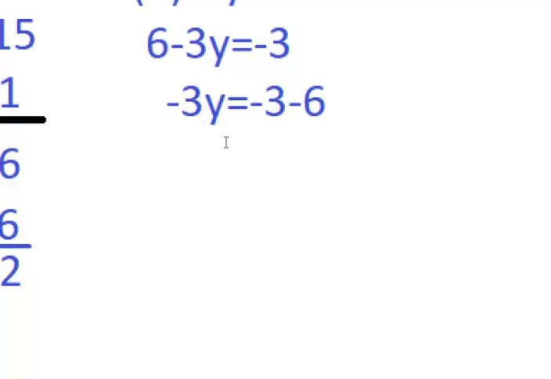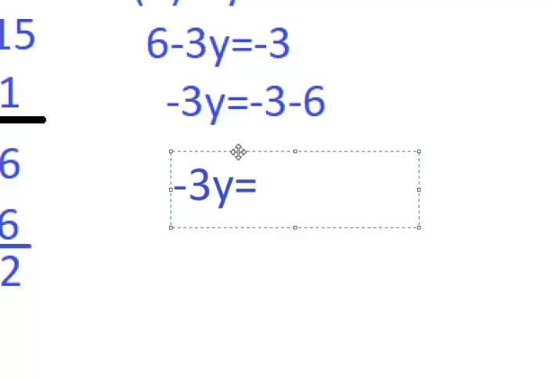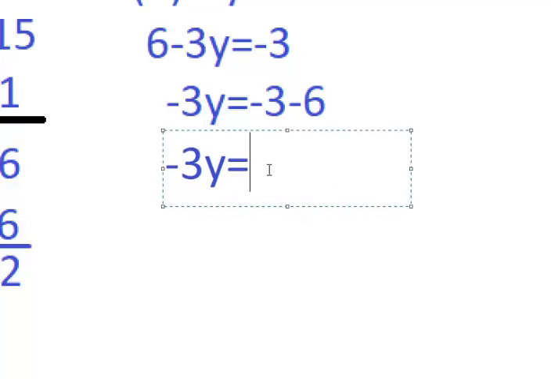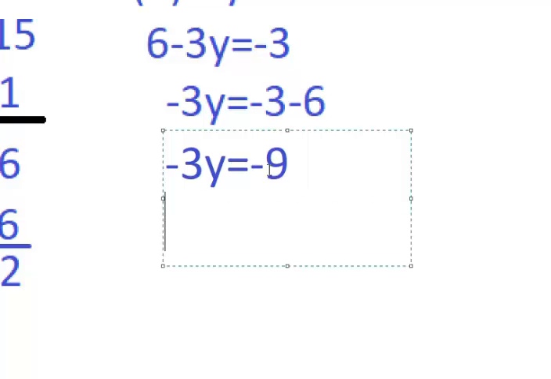Minus 3y equals minus 3 minus 6. I continue. Okay, minus 3y equals negative 3 minus 6. That will give me negative 9. Now, what do I do next with this answer? I can pass to divide this negative 3 because it's multiplying the y.